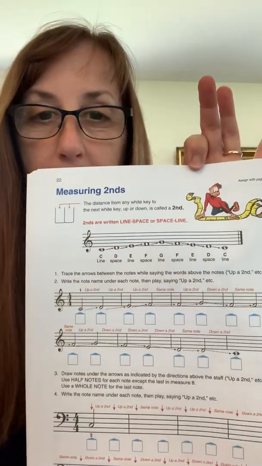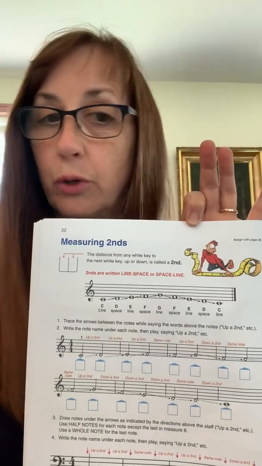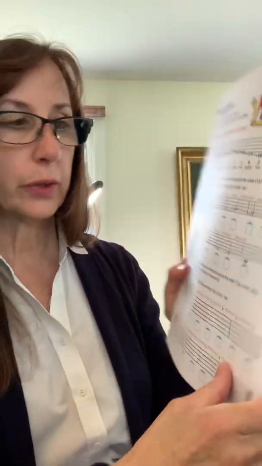So this is a page on measuring intervals of a second. Remember, intervals of a second are also called steps. We don't skip anything for an interval of a second. So number 2 that you see here, I'm going to tell you the answers for the letters.